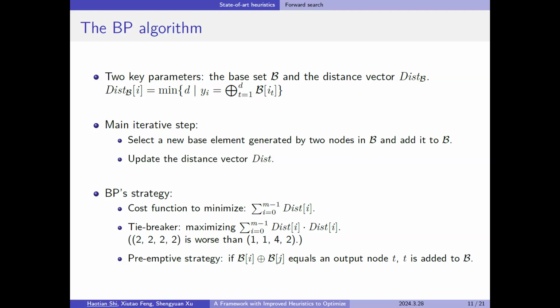The motivation is that in the SLP problem, one prefers an unbalanced distance vector. In this toy example, a distance vector like 2, 2, 2, 2 is worse than 1, 1, 4, 2, since 4 XOR gates are necessary for the former case, while 3 XOR gates may be possible for the latter case.